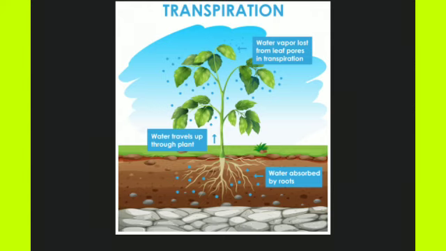Transpiration generates a force which pulls up water absorbed by the roots from the soil to reach the stem and leaves. Transpiration also cools the plant.